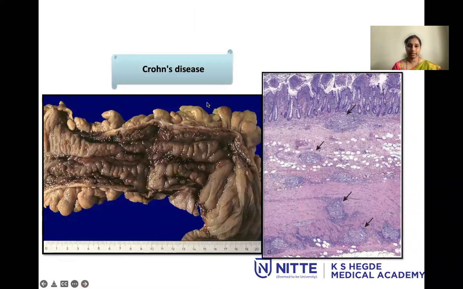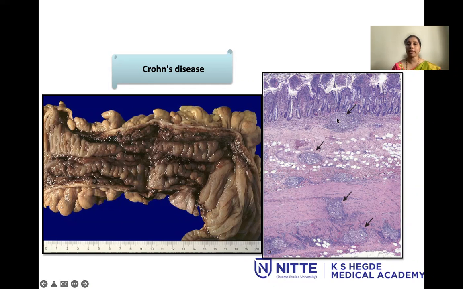Whereas in Crohn's disease, there is skip lesion. Skip lesion means there are alternate areas of affected lesions and not affected areas. And the ulcers here are longitudinal, called serpiginous ulcer, and the affected area will be depressed and the unaffected alternate areas will be edematous, leading to the appearance called cobblestone appearance.